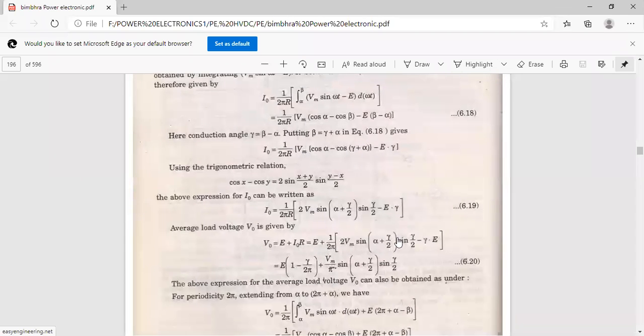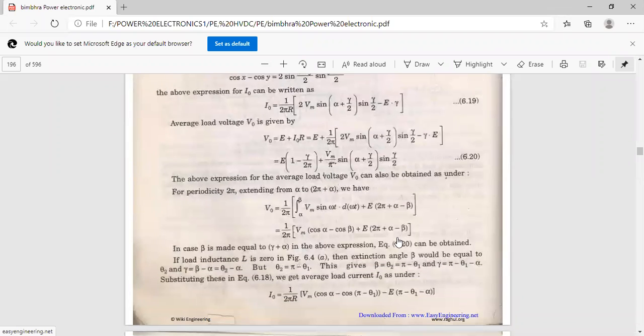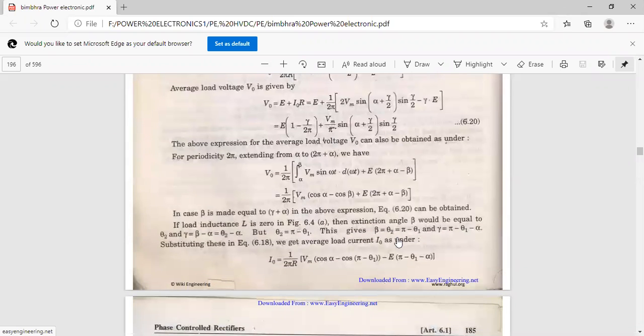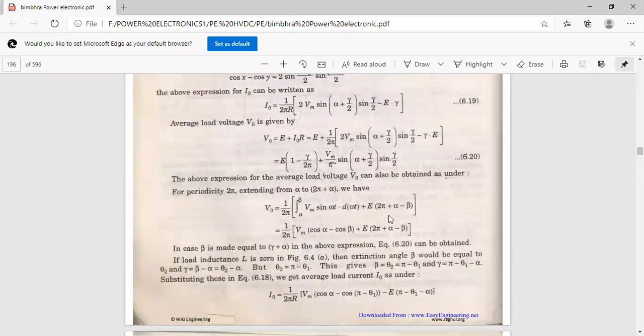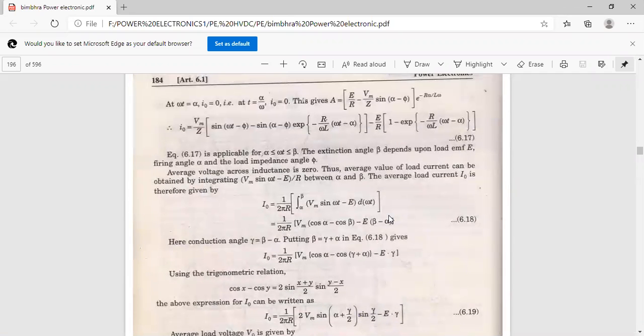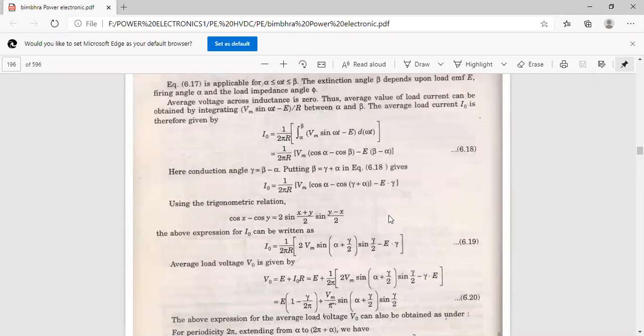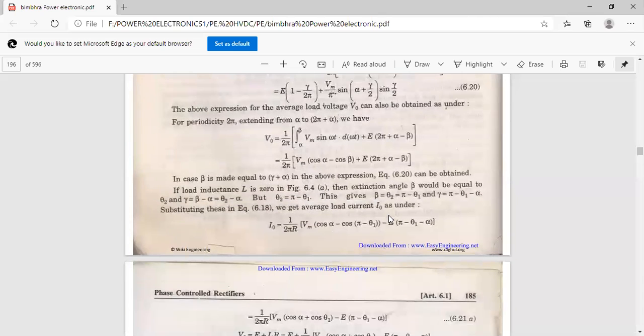Next you have to write the V0 equation. Number is not given here.